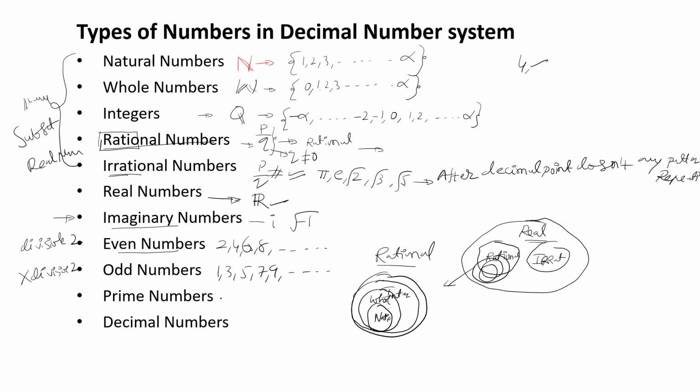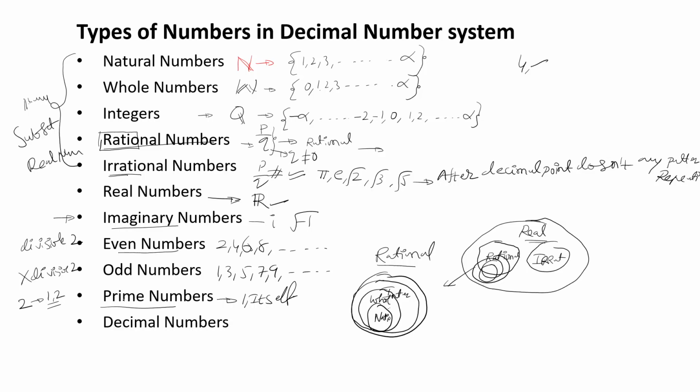Now coming to prime numbers, which are also one of the important kinds of numbers. A prime number is a number which is divisible by only 1 and itself. If you take 2, what are the factors of 2? 1 and 2 only.